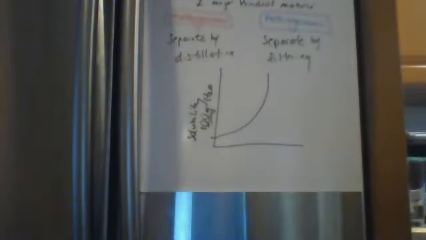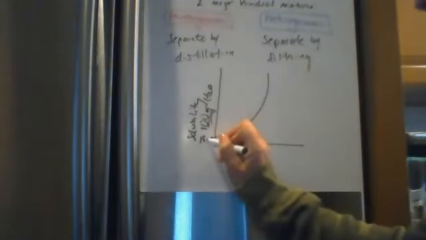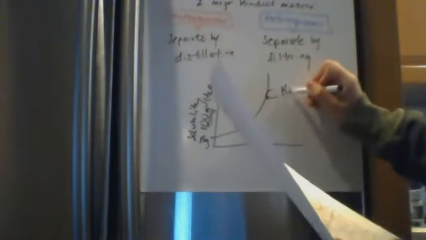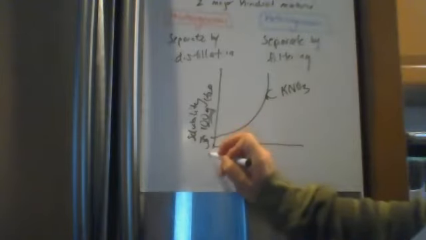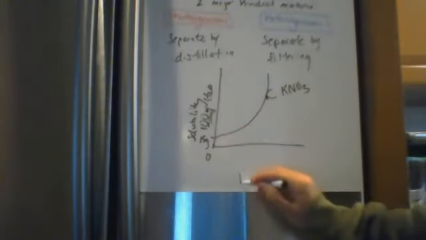So KNO3 kind of looks like this on your reference tables, where at this point here, it's telling me I can dissolve about 15 grams of KNO3. This is KNO3, in 100 grams of water at 0 degrees Celsius. This is the temperature in Celsius.